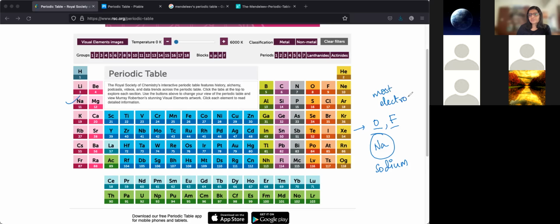They are so powerful in pulling electrons towards themselves that they attract the electrons around xenon so much that they end up forming a bond with it. So it's not that xenon is reactive, it's that these elements are so reactive that they end up forming a bond with xenon. You will study more about them in grade 11 and 12.